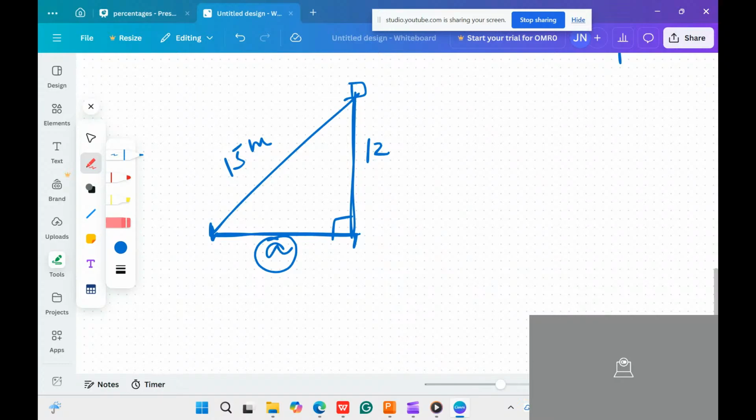So again, the same thing: A square will be equal to 15 square minus 12 square. You should know how much 15 square and 12 square are. 225 minus 144, how much is that?